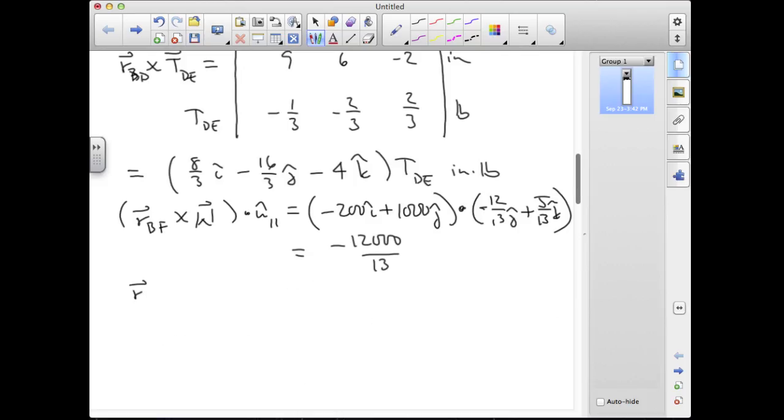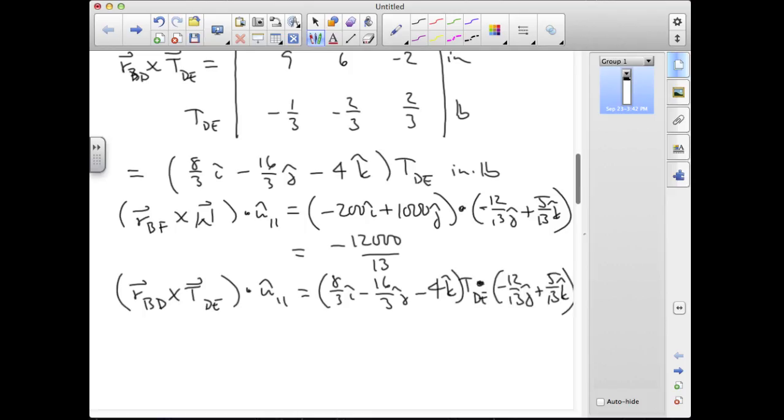And for the RBD cross TDE dotted into U parallel, we have the 8/3 I minus 16/3 J minus 4K TDE dotted into the same unit vector. The I component contributes nothing. We get a 16/3 times 12/13, and that ends up giving us a 4 here, which ends up giving us 64 over 13.